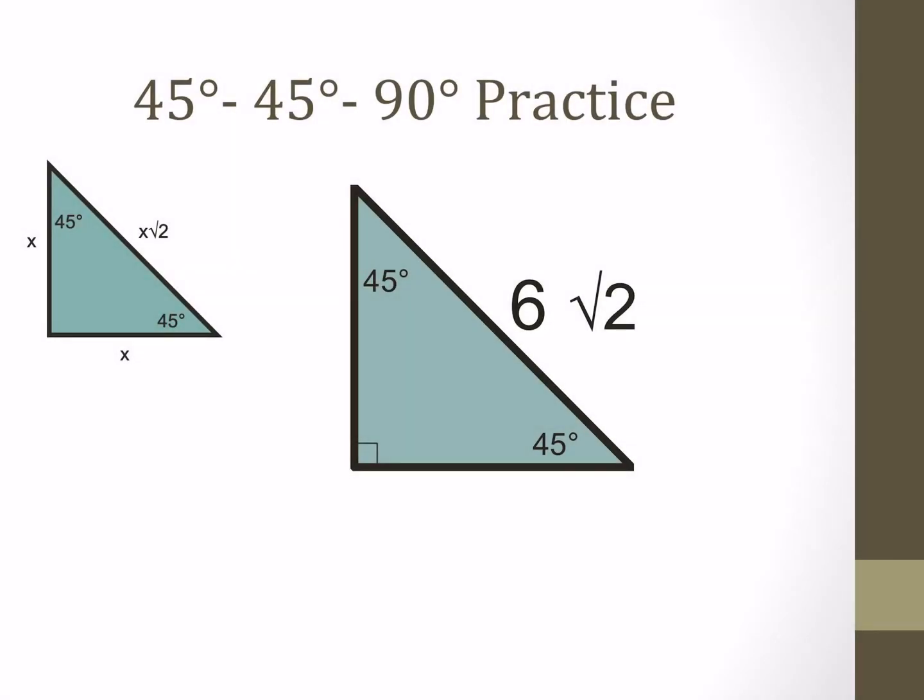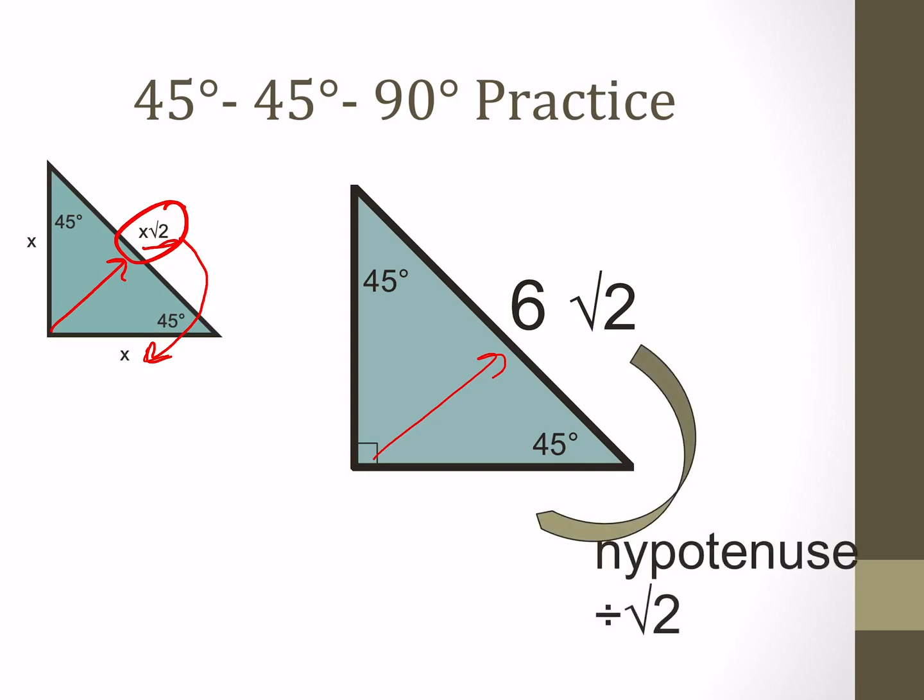Again, I'm going to start easy, and then we're going to get a little bit more difficult. So 6 radical 2. Okay, that's in the position of your hypotenuse. So before I tell you, what do you do when you've got an x radical 2? How do you get rid of that radical 2? You divide by radical 2.